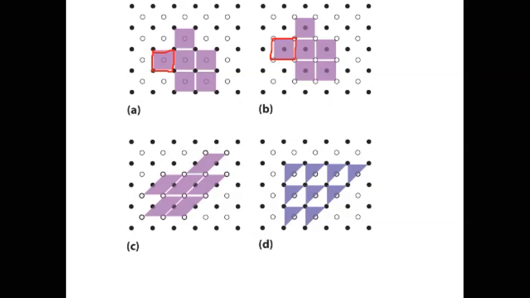Now if we come to C, we've increased the size of our unit cells. You can notice in A and B, we have small unit cells, but in C, we decide to include two unshaded and one shaded lattice point along one direction, and then two unshaded and a shaded one as well.